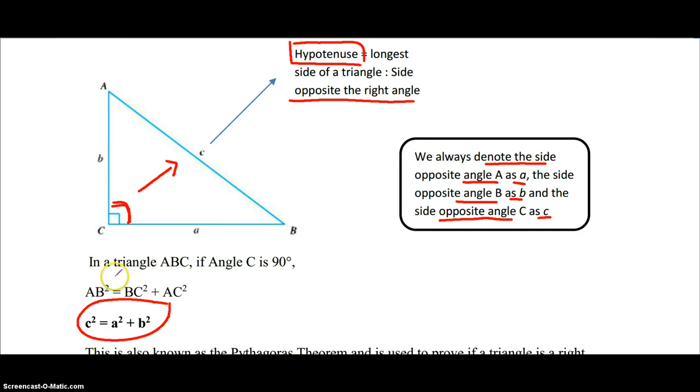So in a triangle ABC as shown here, given that this angle is 90 degrees, Pythagoras theorem states that AB square, which is the hypotenuse square, will be equal to the sum of the squares of the remaining two sides. In short, c square is equal to a square plus b square. And this is the Pythagoras theorem.